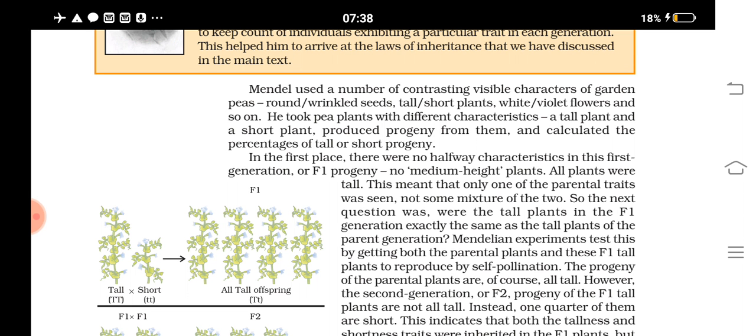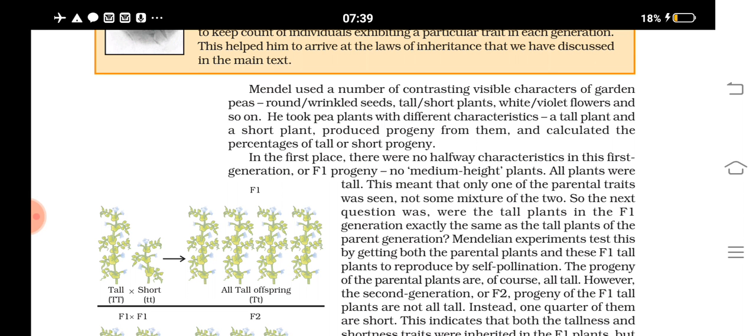For example, if he took the shape of the seeds as a character, he selected two plants producing round seeded and wrinkled seeded plants as parents. And when he took the tallness of the plant, he took two types of plants to study this character, that is tall plants and short plants.